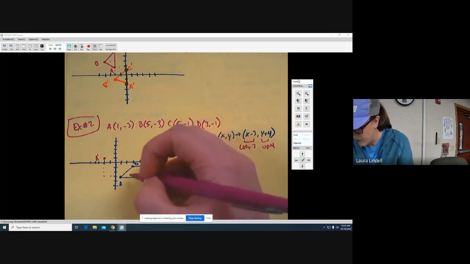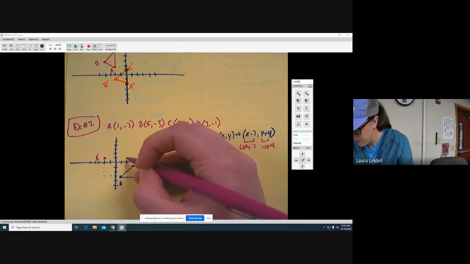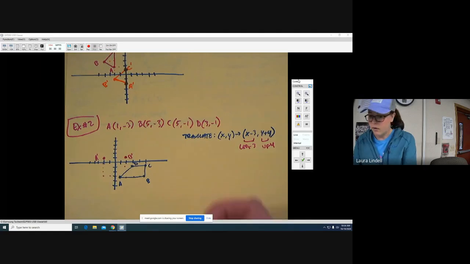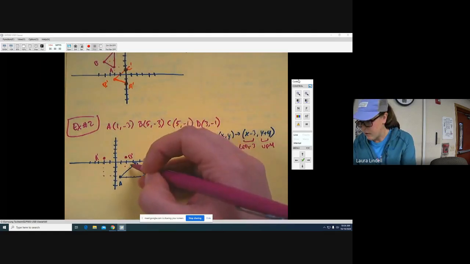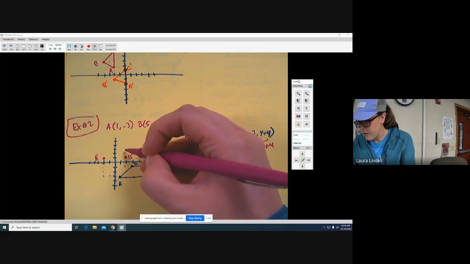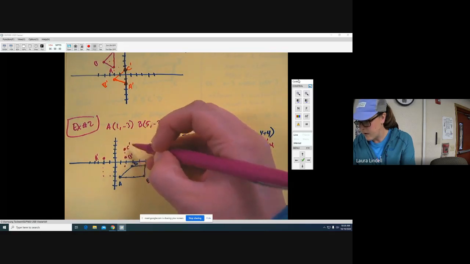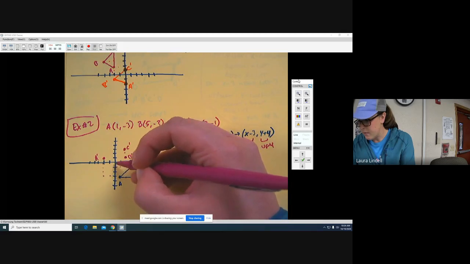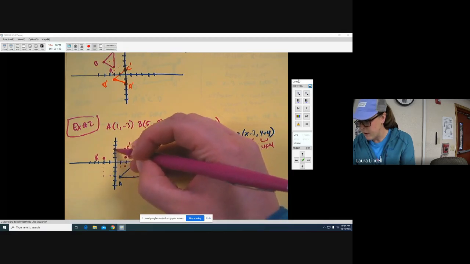And up 4, 1, 2, 3, 4. And then from C, we're going left 1, 2, 3. And up 4. So 1, 2, 3, 4. And then from D, we're going left 1, 2, 3, up 1, 2, 3, 4.